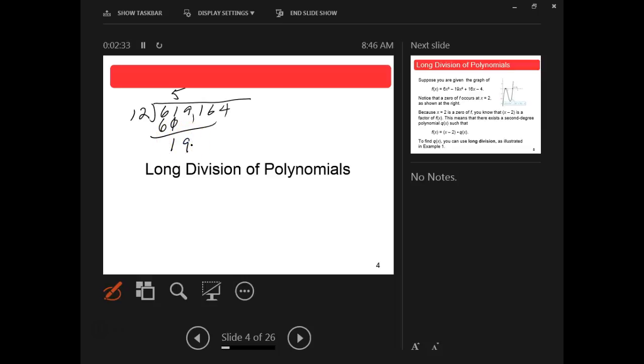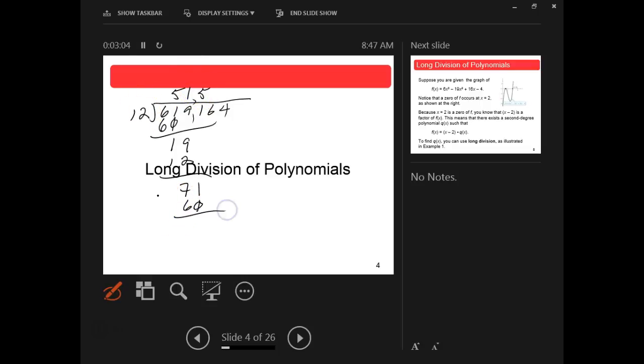So then we do 12 into 19, right? How many times? 1. Then we multiply and then subtract. And then bring down. Okay, next. 12 will go into 71. How many times? 5 times again. Okay. We can even put our comma there. 5 times 12 is still 60.